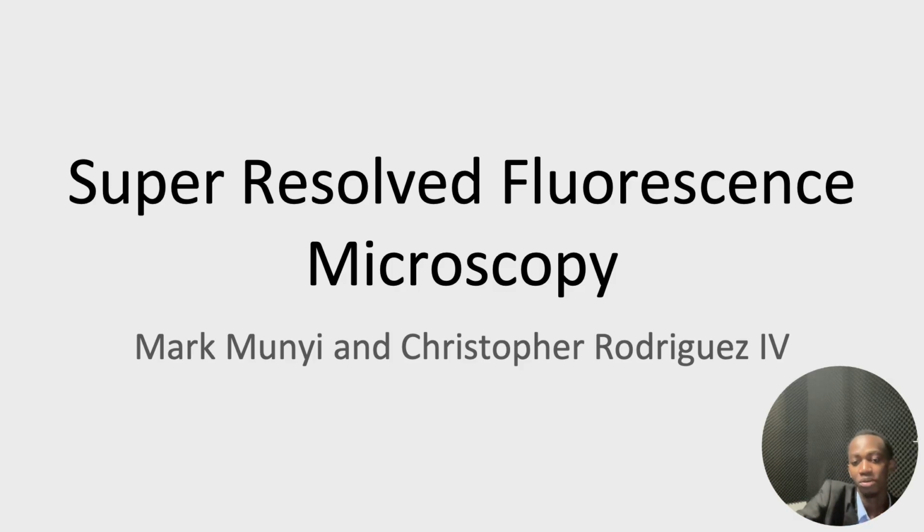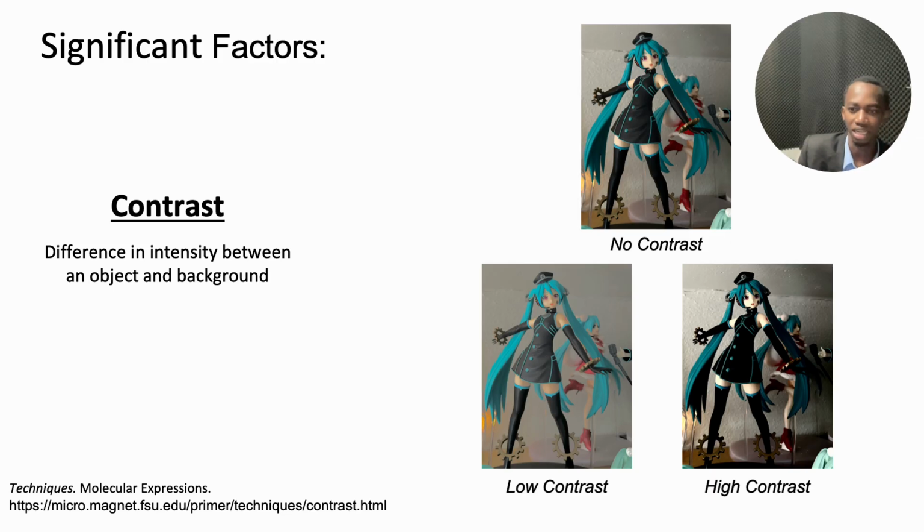Now, for us to understand what this means, we actually need to understand why we need microscopy and some other key factors to consider in microscopy. Microscopy is the ability to view microscopic organisms or very, very small objects by enlarging them.